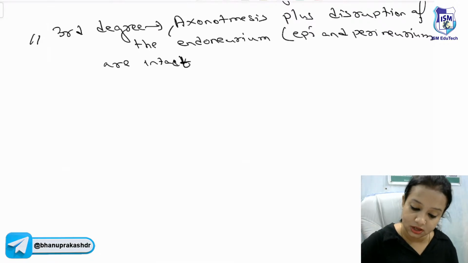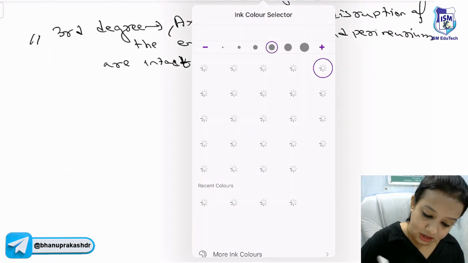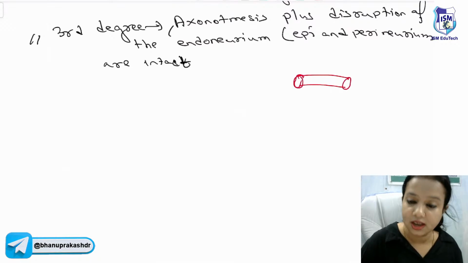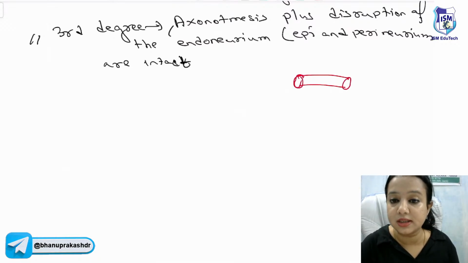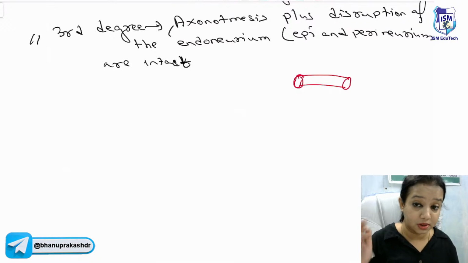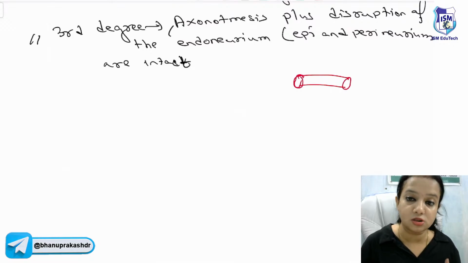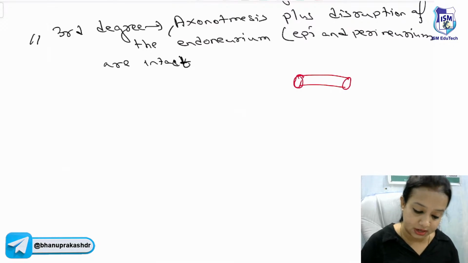What is the innermost layer? It is the layer that is surrounding an axon, right? The layer surrounding an axon gets damaged. That is the endoneurium. But the perineurium and the epineurium are intact.